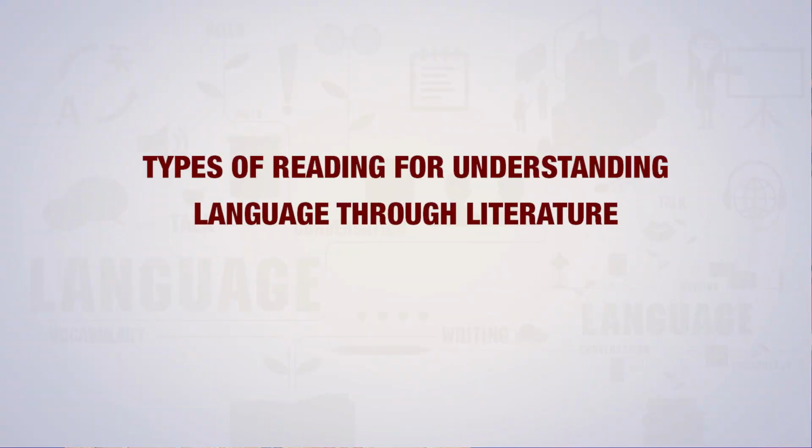There are various types of reading for understanding language through literature, and we must be aware that any linguistic understanding of literature depends upon how thoroughly the literary passage is read. It may be by a superficial comprehension or an in-depth comprehension.